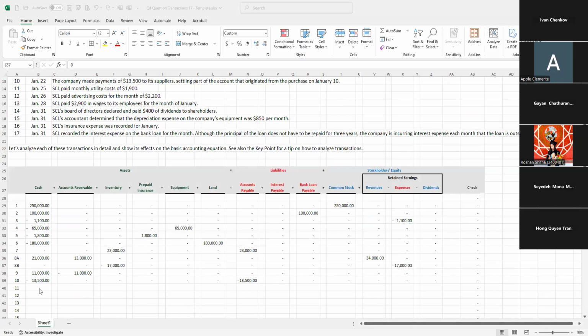How are we going to do that? Decreasing cash. We're going to pay $1,900 cash. And expense. We're going to increase the expense, minus 1,900, expense going up, and retained earnings will get less by $1,900. Correct. That's correct.